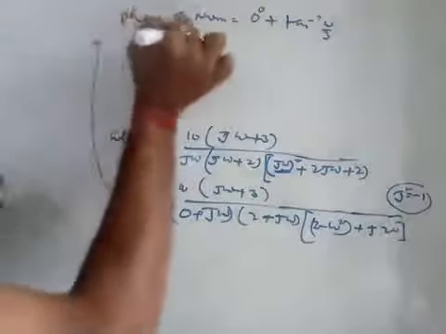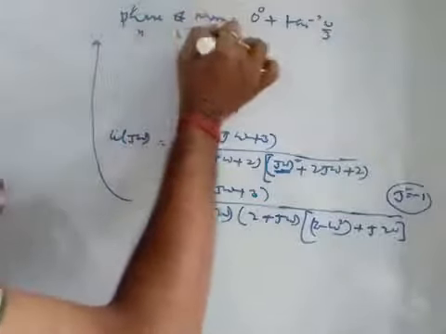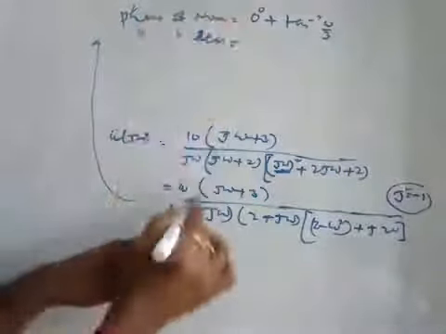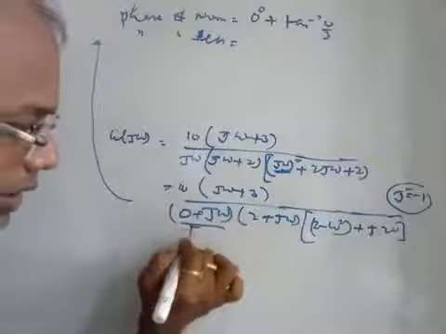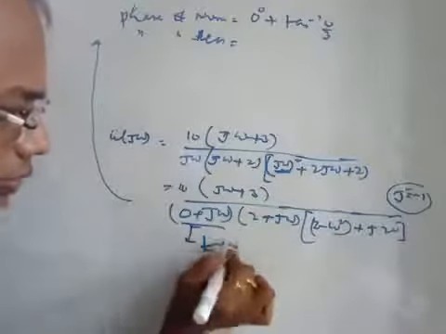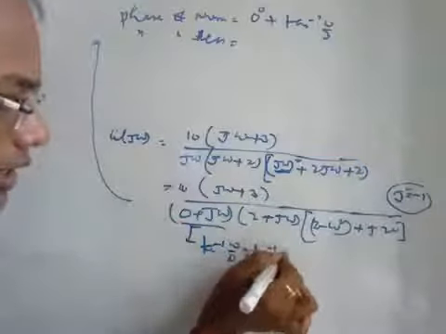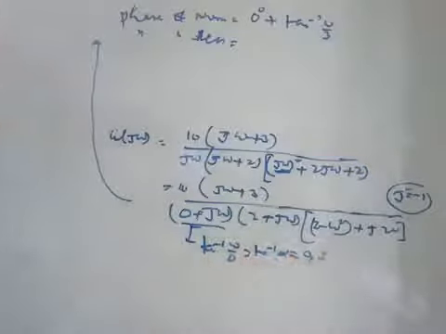Next, phase of the denominator. We have 0 plus j omega. That means what is the phase? Tan inverse omega by 0. So tan inverse infinity means 90 degree.